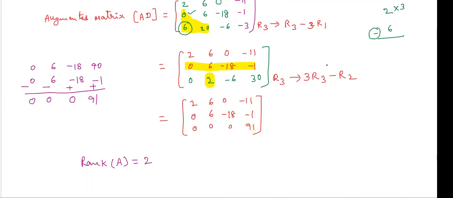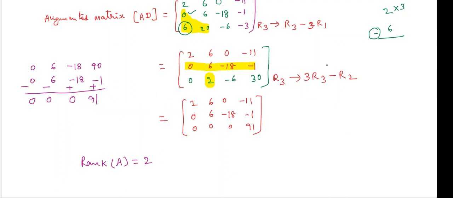Now we need to find the rank of AD. How to find the rank of AD? This is a 3 by 4 matrix. Take a submatrix: any one row or column you can delete.